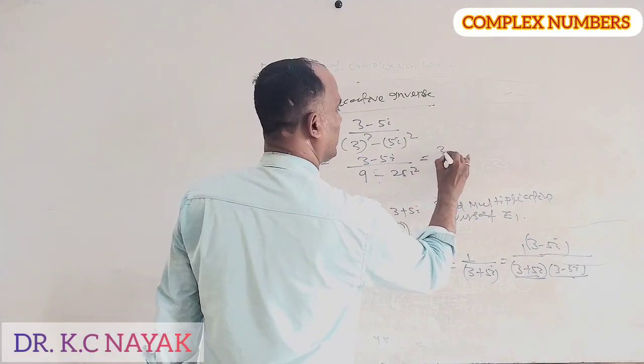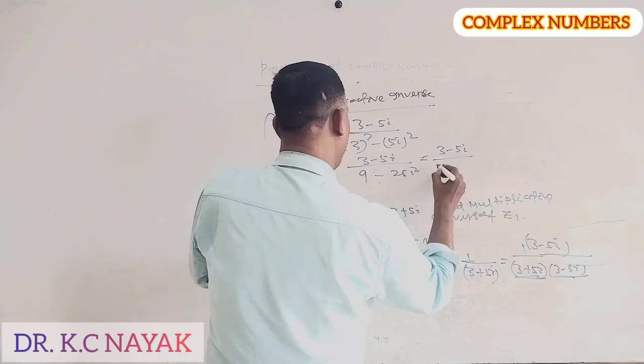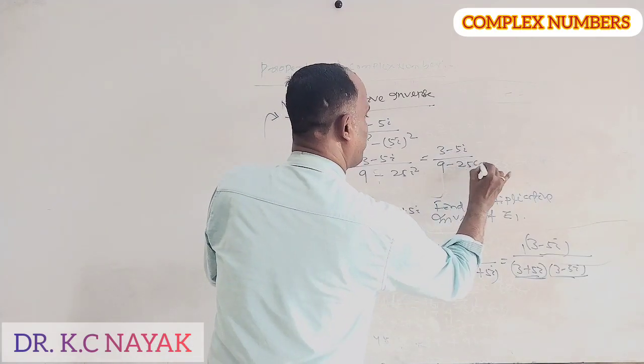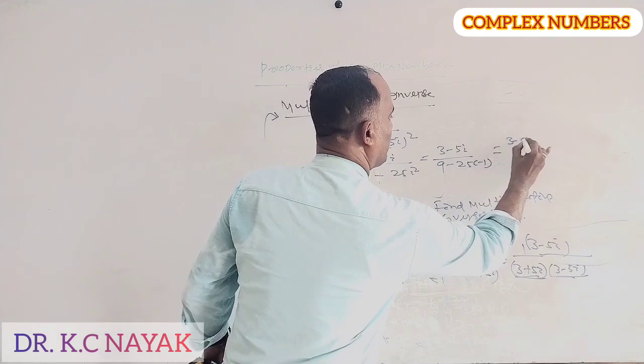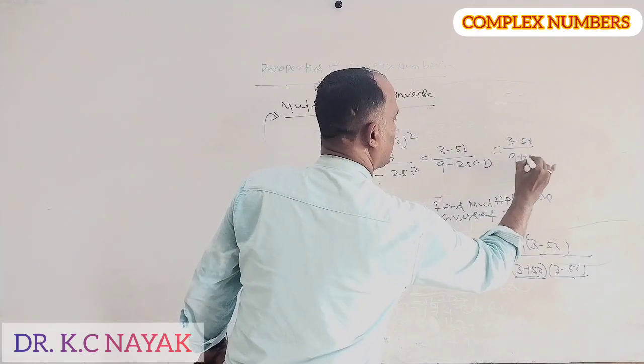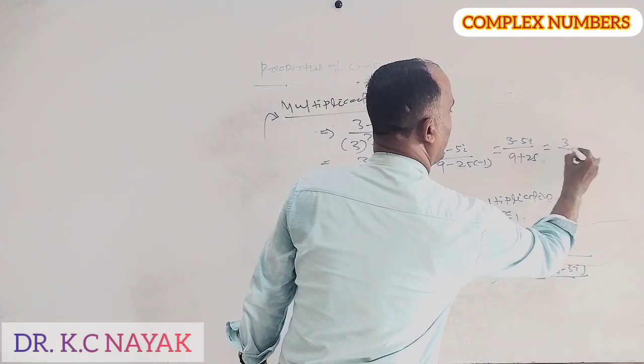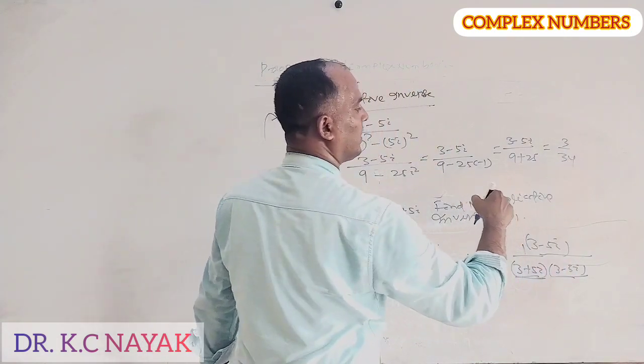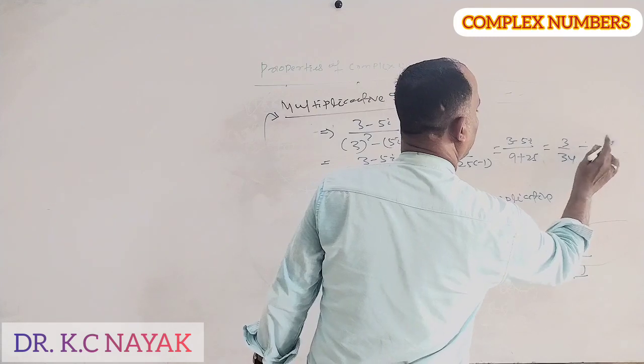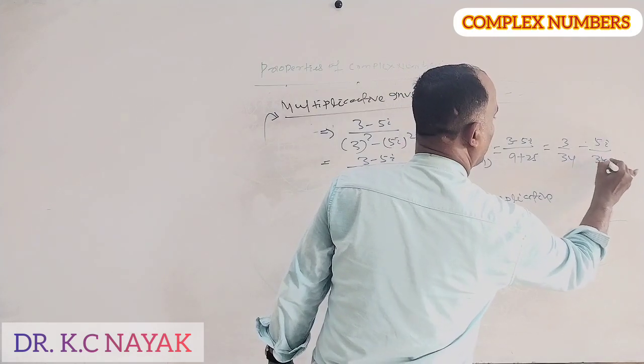What is that? 3 minus 5i whole divided by 9 minus 25 times minus 1. What is that? 3 minus 5i by 9 plus 25. Right or not? So how is it? 3 by 34 minus 5i by 34.